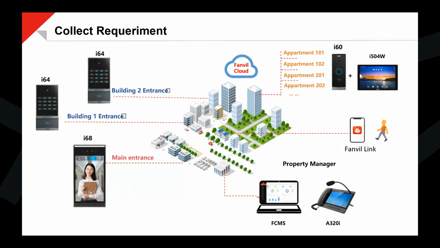Usually when you add a device to the FCMS, it gets a SIP account from the FCMS, so it will have an extension. That means SIP line one is occupied, but you still have many SIP accounts free to add. You can add any accounts and they will work simultaneously, no problem.